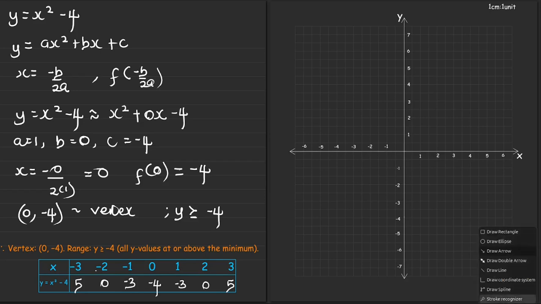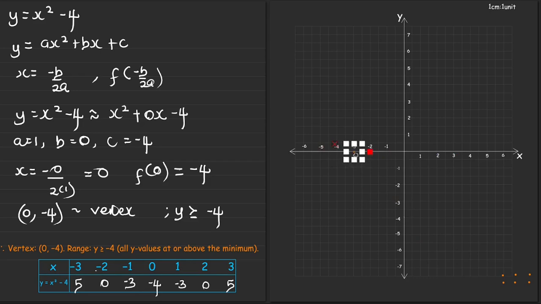We are identifying the coordinates on the graph sheet. Our first one being what? Negative 3, 5. So these are my points, and then on the x-axis, we move to negative 3, and then on the y-axis, we move to 5. So negative 3, 5 is going to be here.